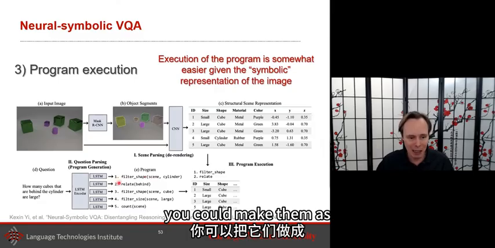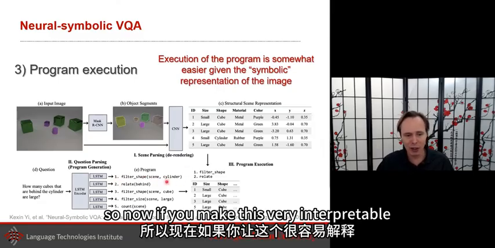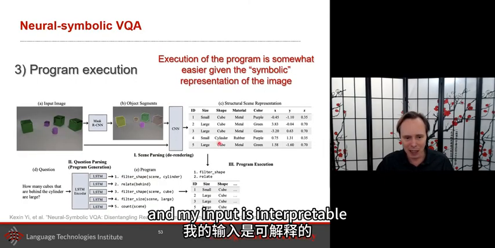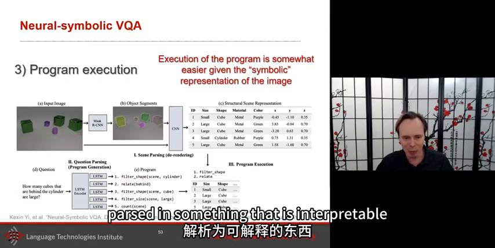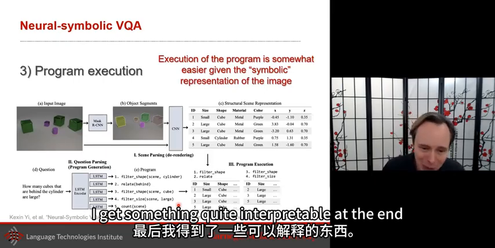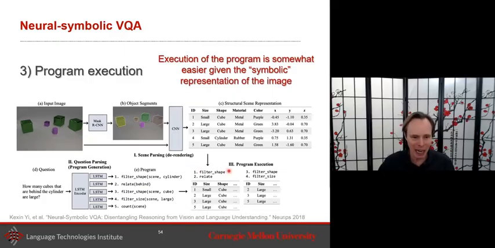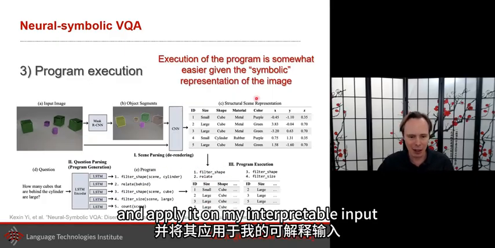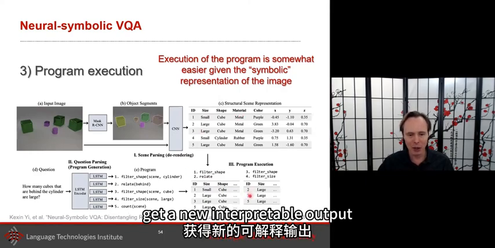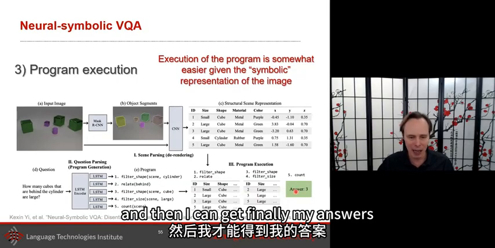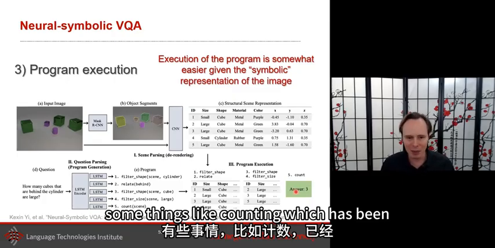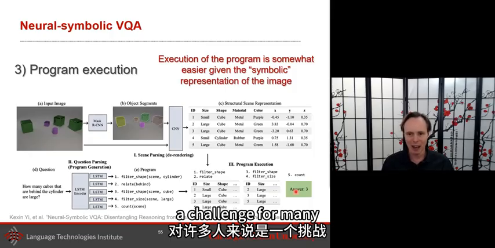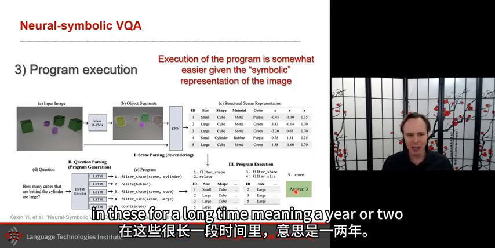Now, if my modules are interpretable, my input is interpretable, and my question was parsed into something interpretable, I get something quite interpretable at the end. I can take any of these programs, apply it on my interpretable input, get a new interpretable output, and finally get my answers. And hopefully I can solve through that some things like counting, which has been a challenge for a long time, meaning a year or two.